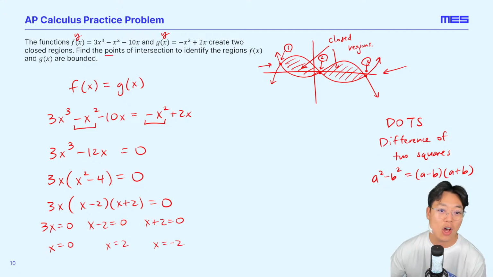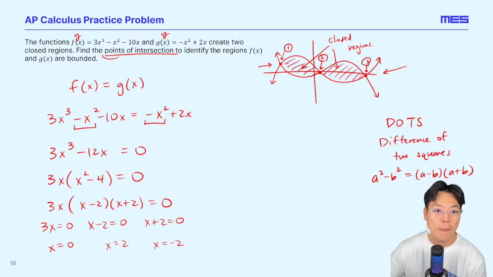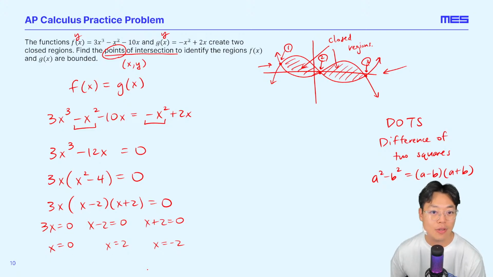Now we want to find all the points of intersection. We have only found the x values. A point consists of an x and y coordinate. So we need to find these respective y values. I'm going to use g of x here because that seems like the easier function to work with.